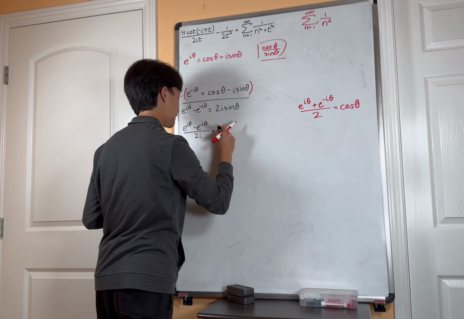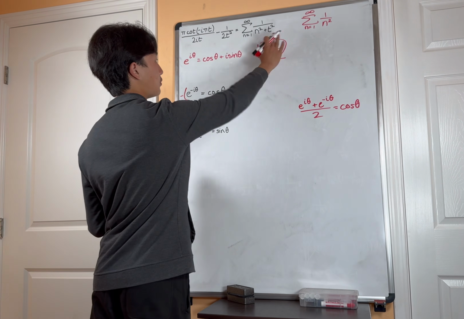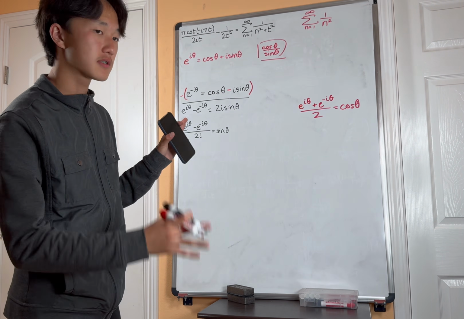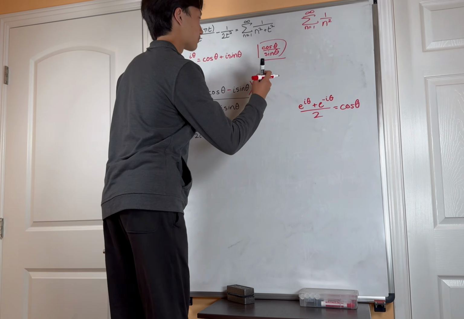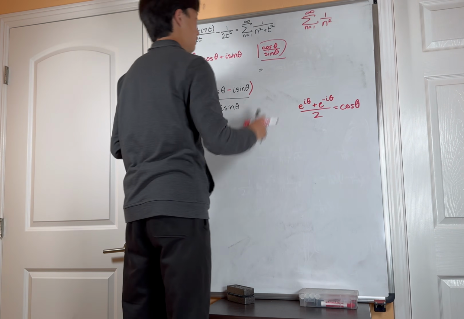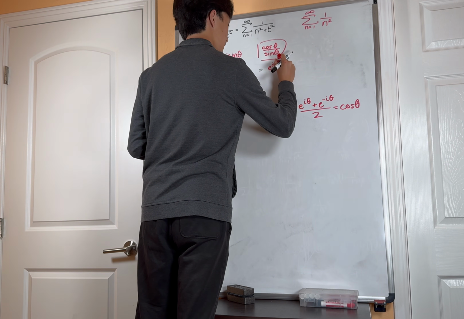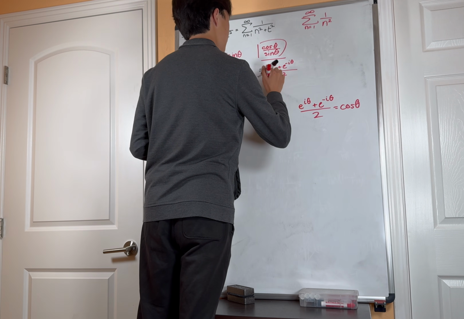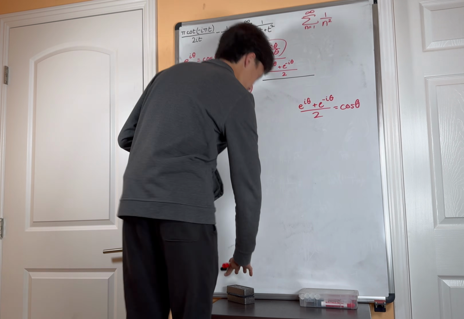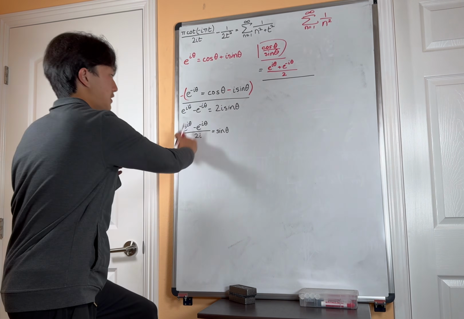Alright, so we have this, and we have that. Let's go ahead and plug it in and see what cancels out, what doesn't. Okay. So up here, cosine is that thing, e to the i theta plus e to the negative i theta all over 2, divided by, and I'm going to get rid of this now, sine, which is this thing.